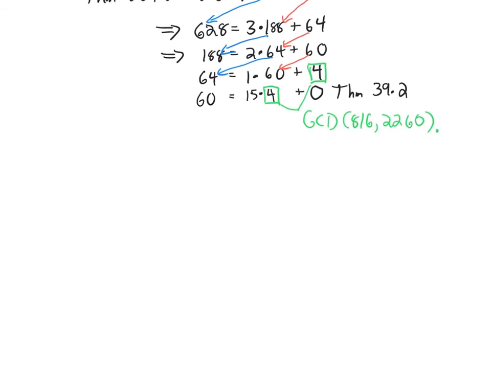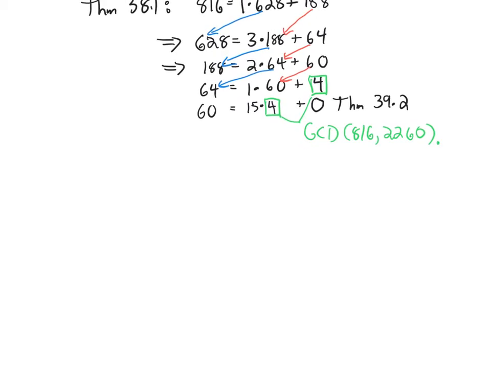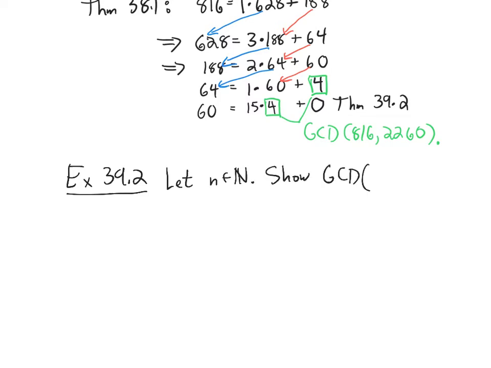So let's look at one more example. Let's show that for some natural number n, the greatest common divisor of 3n plus 2 and 5n plus 3 is 1.